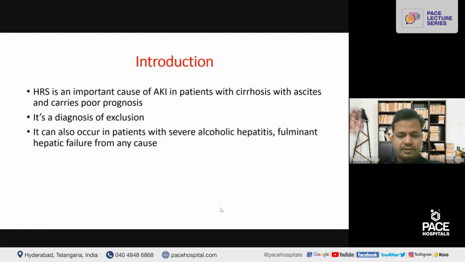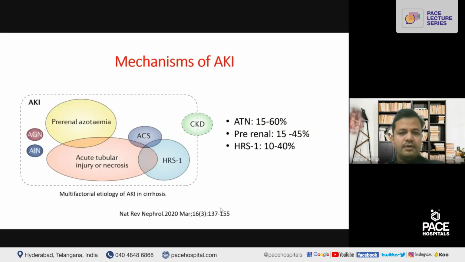from any cause. So if we look at the mechanisms of AKI in patients with cirrhosis, the etiology is multifactorial. This image shows the different etiologies of AKI in patients with cirrhosis, out of which predominantly there are three causes, which are acute tubular necrosis, pre-renal azotemia, and HRS1.